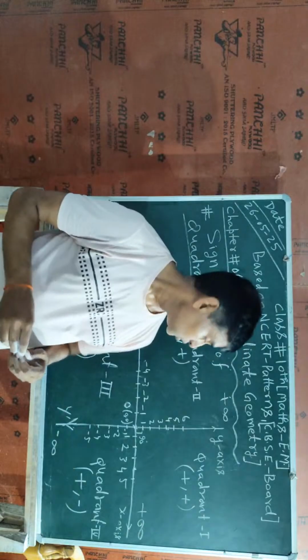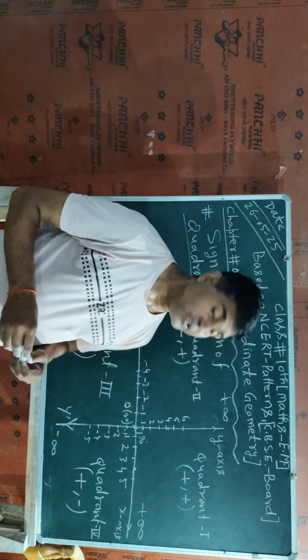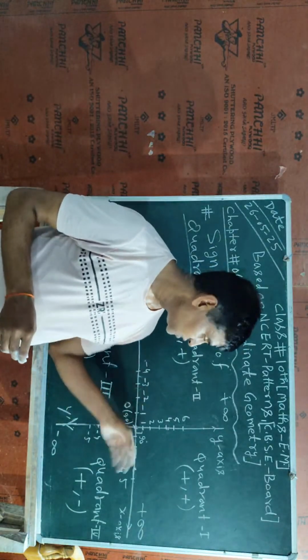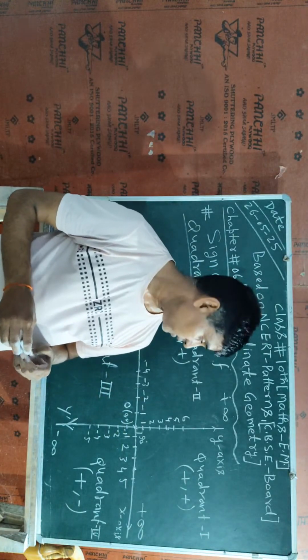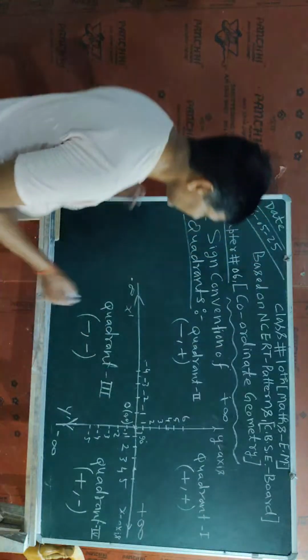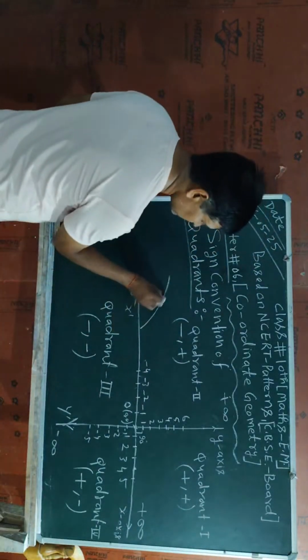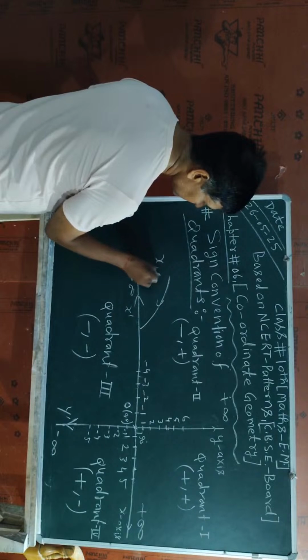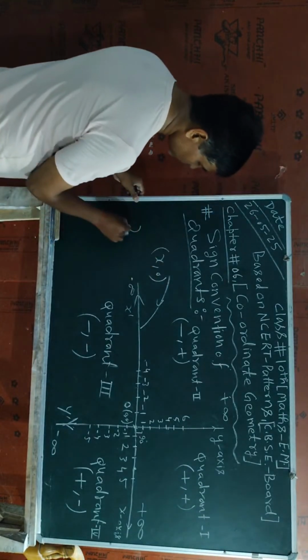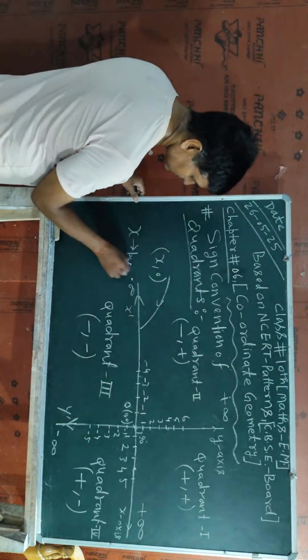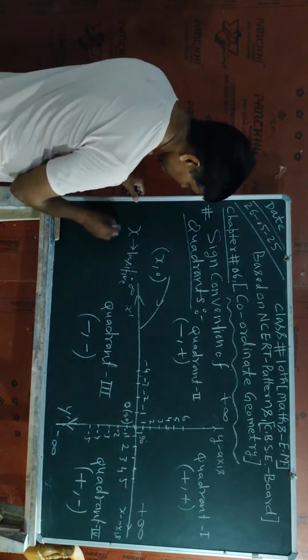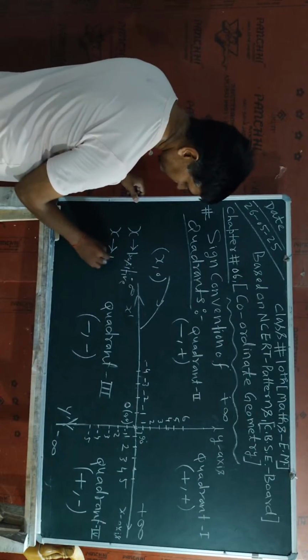Now the next 2 points are such that if I take any point on the x-axis, the x coordinate will be there but the y coordinate will have value 0, because any point on the x-axis has coordinates x comma 0. So x can be positive or x can be negative.